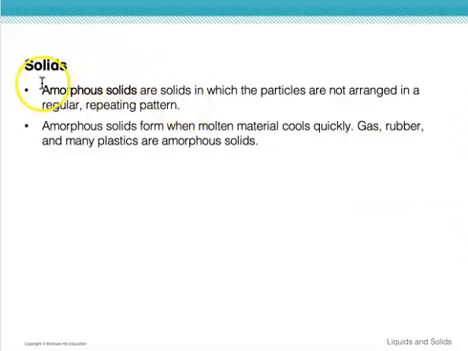But I do want to also talk about amorphous solids. Amorphous means without, that's the A, morph, shape. So amorphous solids are solids that don't have a definite shape. These are things that can melt and cool quickly. So things like glass, rubber, and plastics are going to be your amorphous solids.